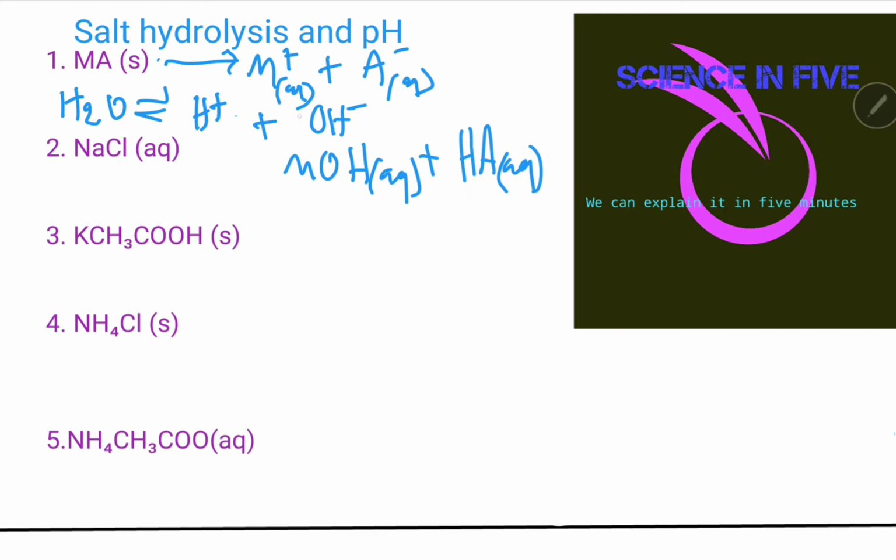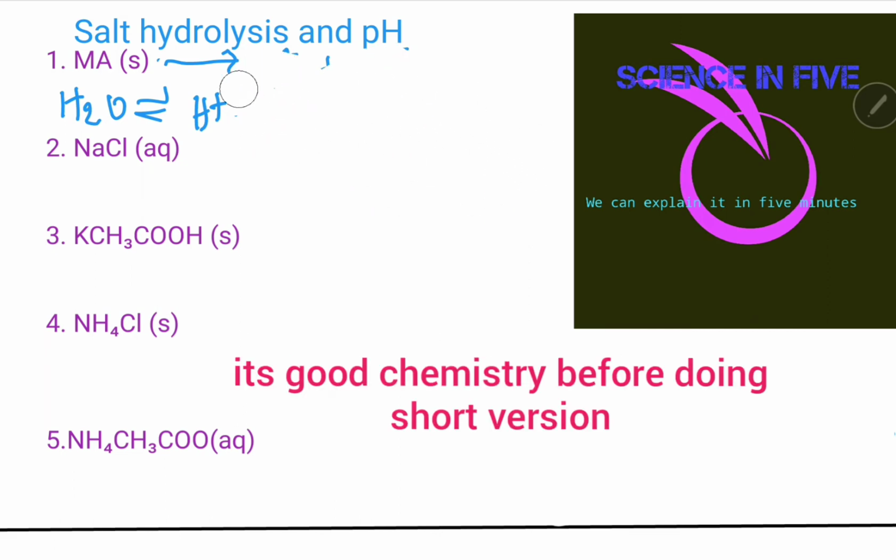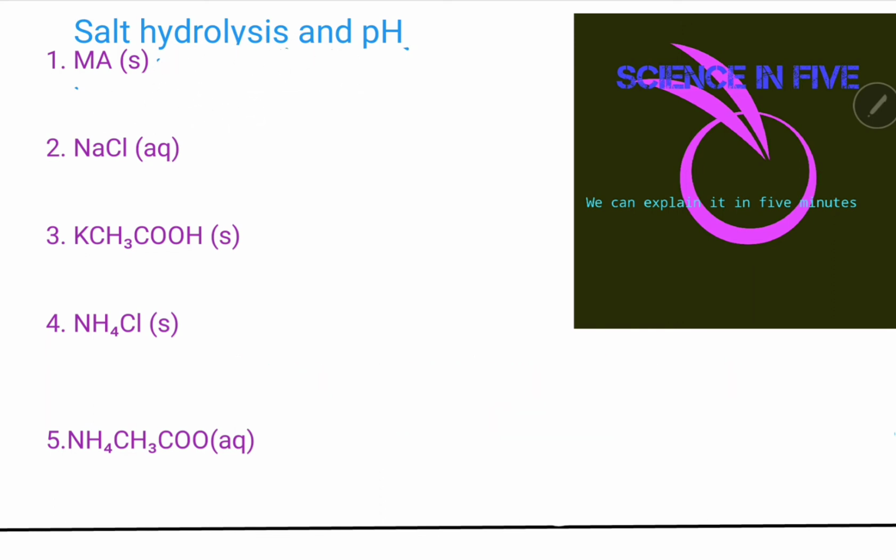Okay, now this reaction can actually be summarized. We don't have to write all these reactions, so we can write a short version. Since we know that MA is going to react with water, there's going to be an exchange of ions.